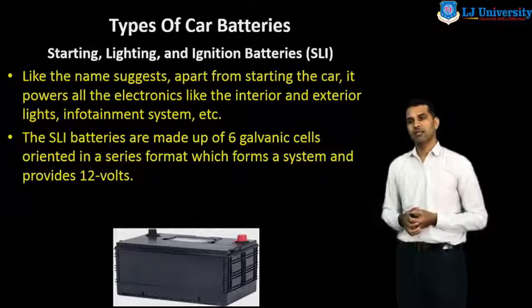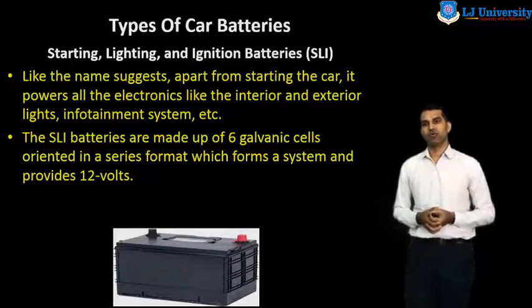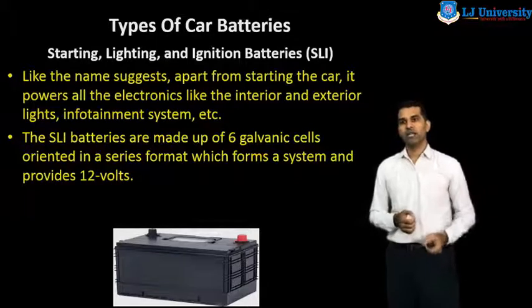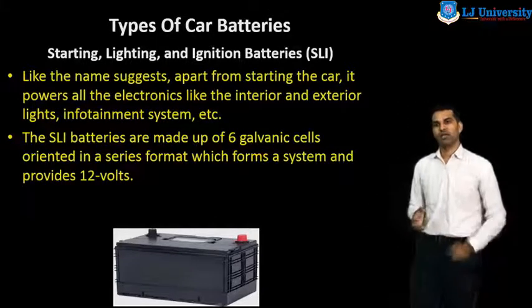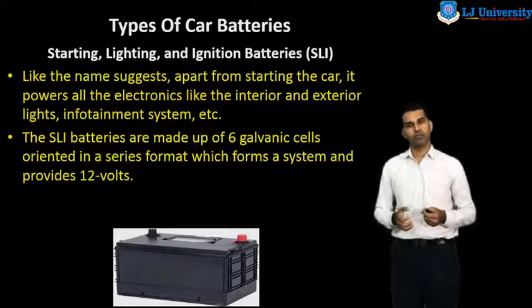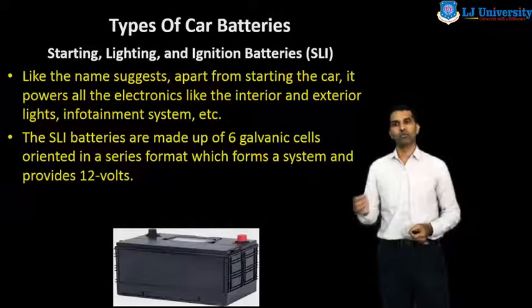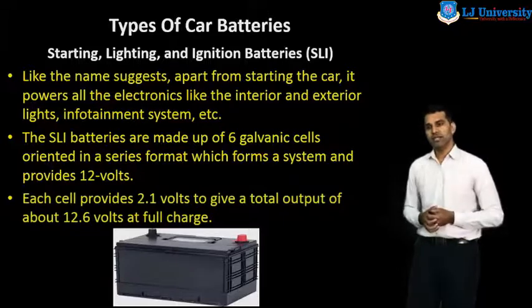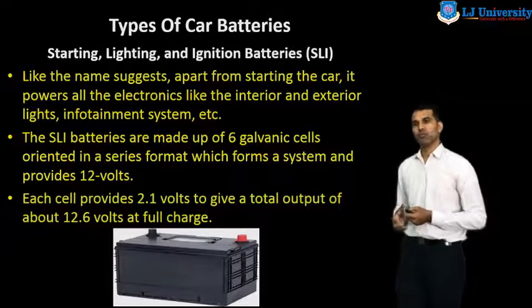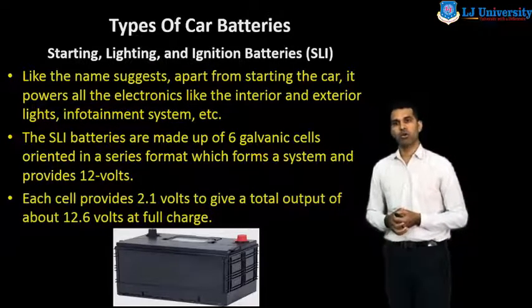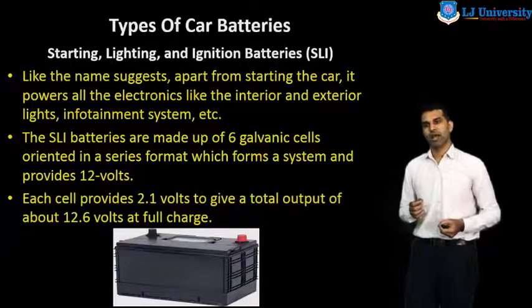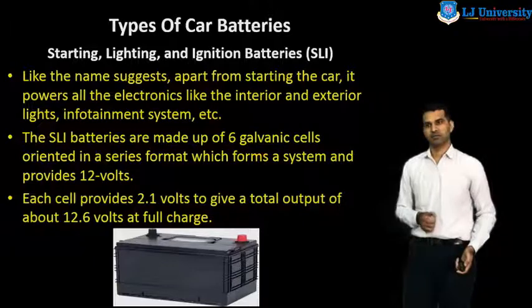The SLI batteries are made up of 6 galvanic cells oriented in series, which form a system and provide a 12-volt supply. Each cell provides 2.1 volts to give a total output of about 12.6 volts at full charge.